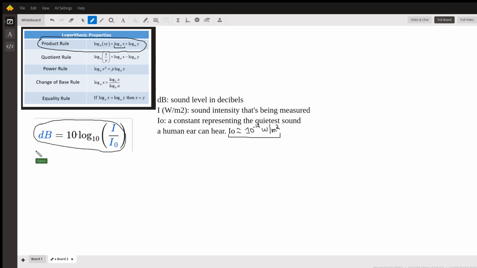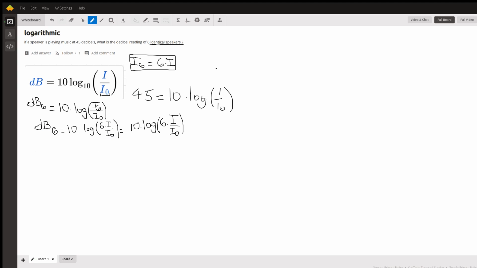How does that work for our problem, you may ask. In our parentheses, we have a 6 being multiplied by I over I naught.